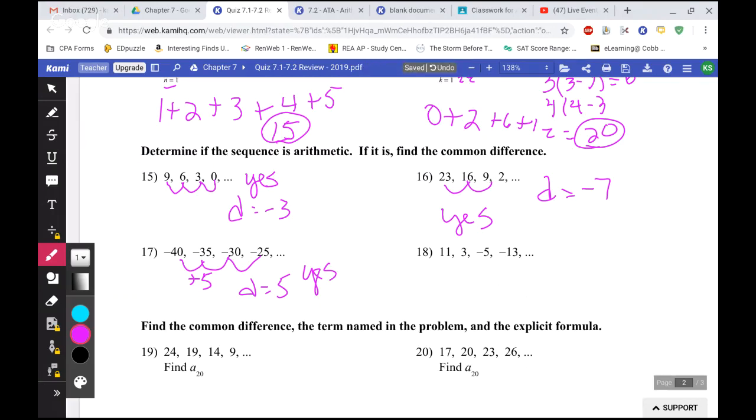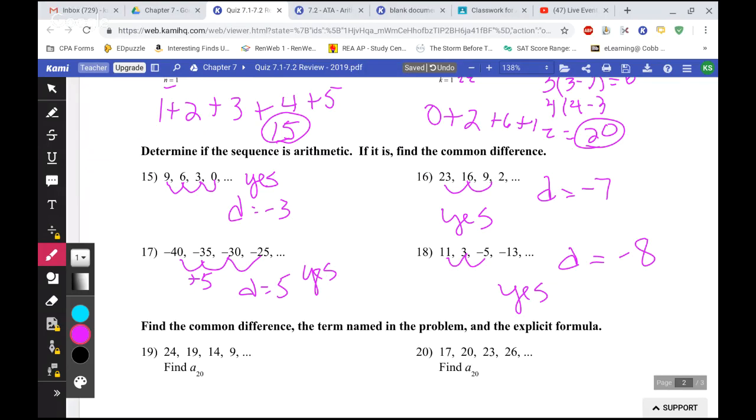Each one is going up by 5. It's weird looking because it starts with negatives. And then from 11 to 3 and 3 to -5, looks like we're going down by 8. So it also is arithmetic.